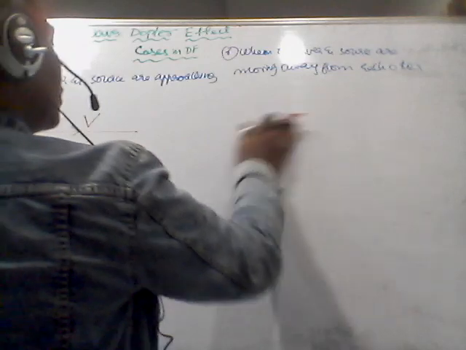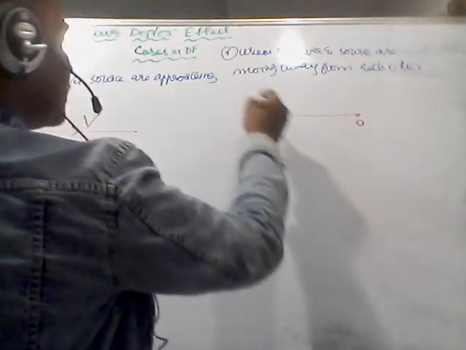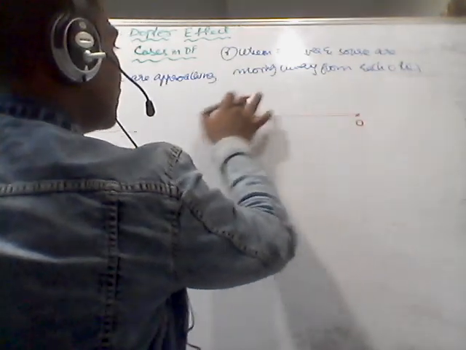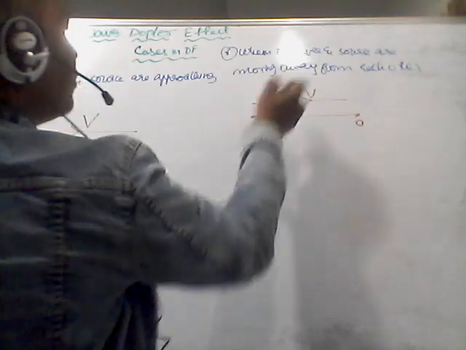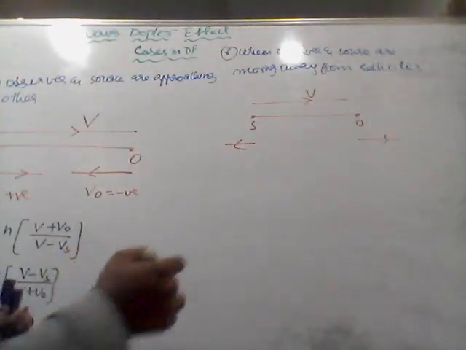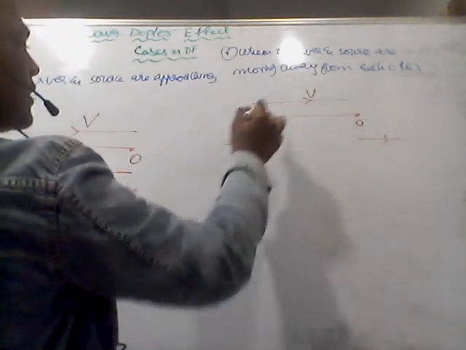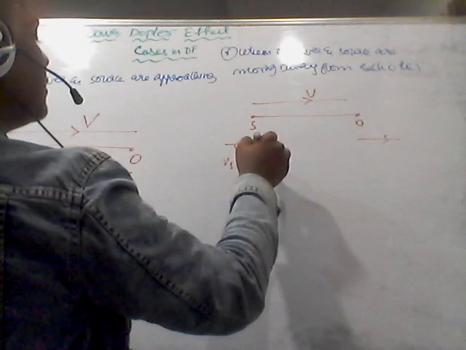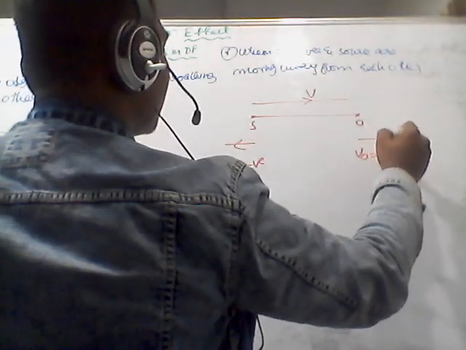So this is the source here. This is the observer. Always this is the direction of the sound, and then both are moving away from each other. Now you say me, what will be Vs? Vs is opposite to V. When I said it's opposite, then automatically it will become negative. And this is in the direction of V, so Vo will be positive.